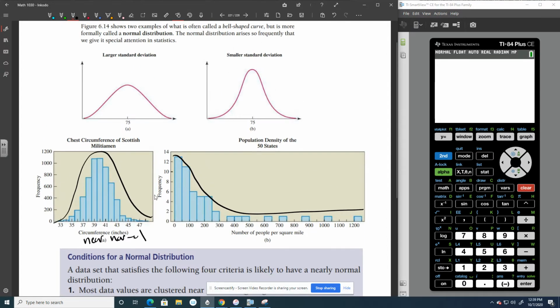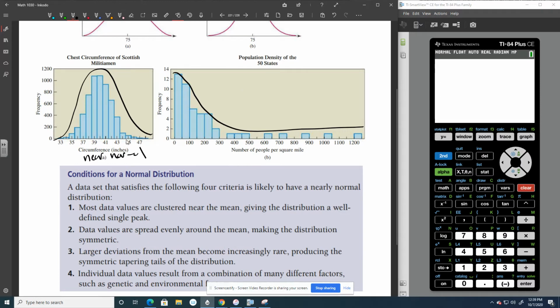In other words, this one, we've got a peak, but the data values are all spread to the right. There's no data getting spread evenly to the left. And our example here on the left-hand side, the data on the right's a little bit higher. That's why we're saying it's near normal. It's near a normal distribution because the data is spread out pretty evenly, but not perfectly, of course.